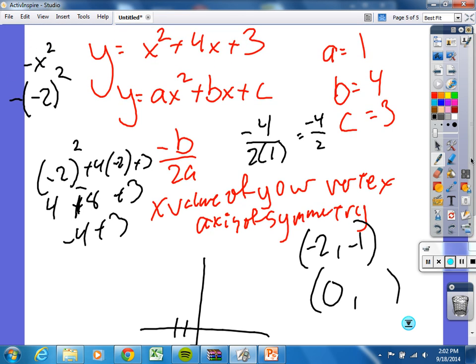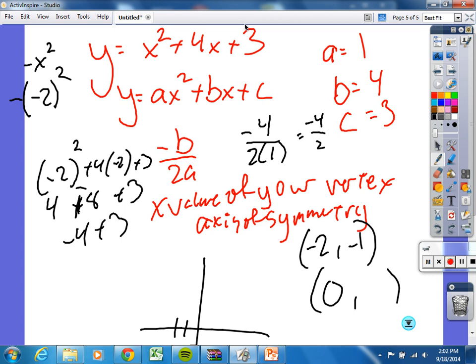So therefore, I'm going to plug that 0 into the original equation, right? What's 0 squared? 4 times 0. You guys see how this will always cancel out to be 0 when you plug 0 into this? So this C value, guess what C value always is? It's not always 3.